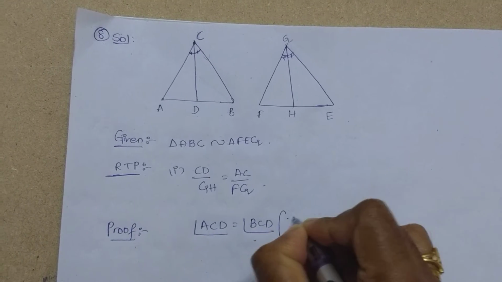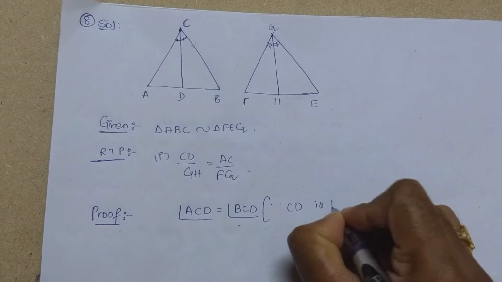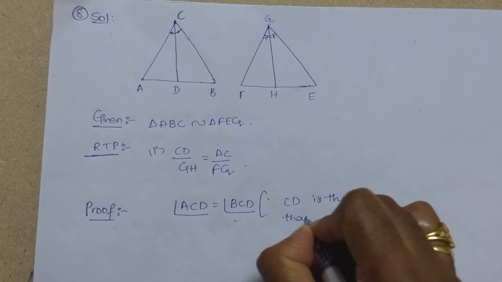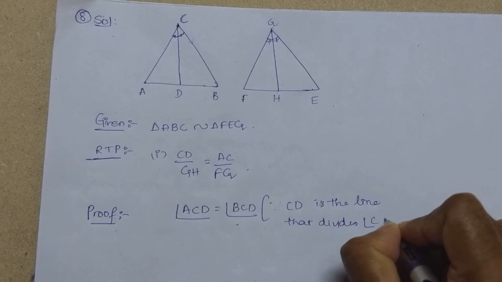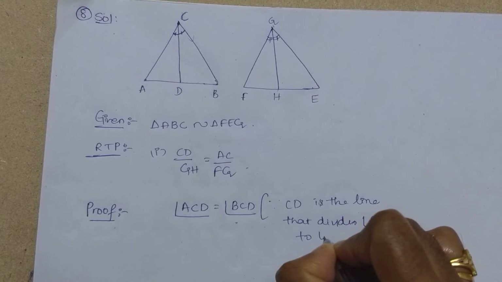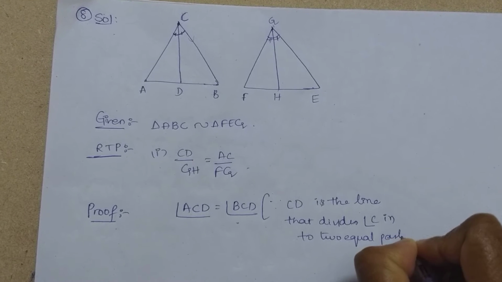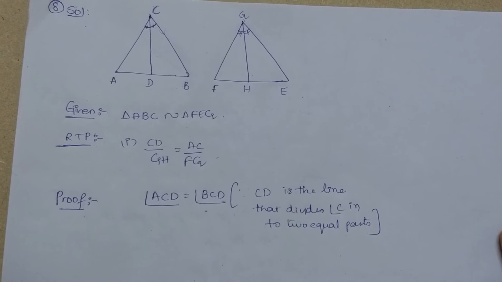Write in brackets, since CD is the line that divides angle C into two equal parts.